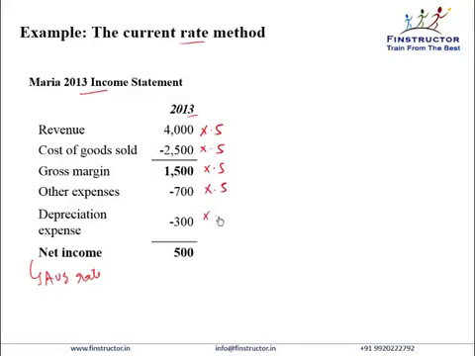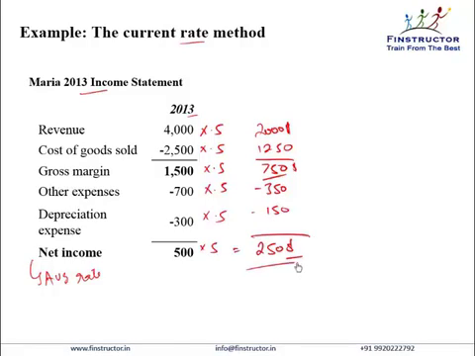Other expenses, depreciation, and the net income in the current rate method would come out to be $250. The other accounts can also be easily calculated. Gross margin would be $750, $350 of other expenses, $150 depreciation, giving us a net income of $250.